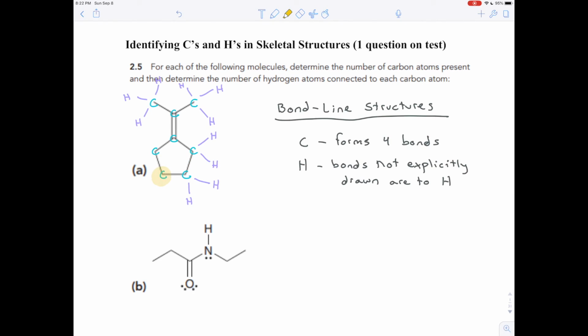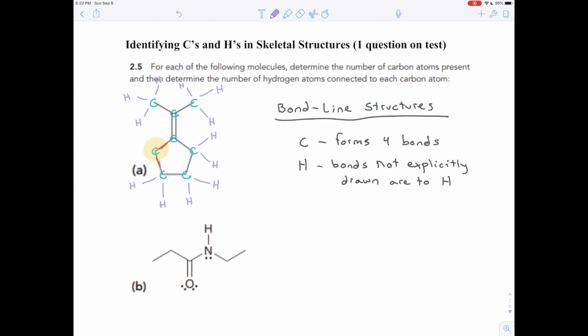The next carbon here only has 1, 2 bonds explicitly drawn to it. Since a carbon without a formal charge has 4 bonds, we need to add 2 more bonds there, and those implied bonds are to hydrogen. The next and last carbon over here has 1, 2 bonds explicitly drawn in.